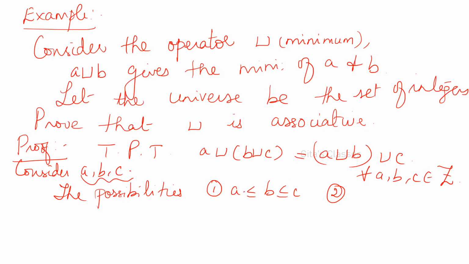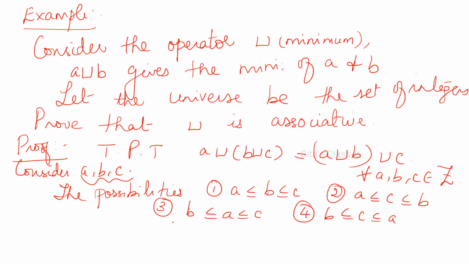Let us consider the integers. Or we can consider a less than or equal to c less than or equal to b. Then third one, b less than or equal to a less than or equal to c. Fourth possibility is b less than or equal to c less than or equal to a.